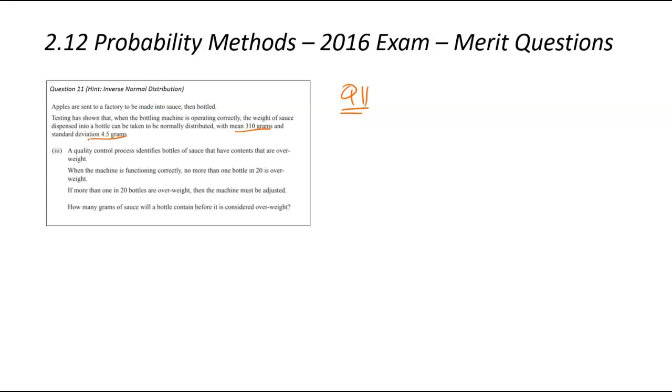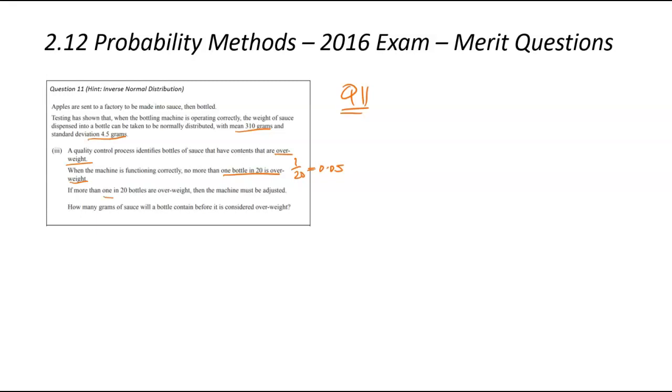Quality control identifies when the bottles of sauce are overweight, so maybe that's when they're putting too much sauce into each of the bottles. And when the bottle machine is functioning correctly, 1 in 20 bottles is overweight. So 1 in 20, that's secretly a probability, which would be 0.05 or 5%.